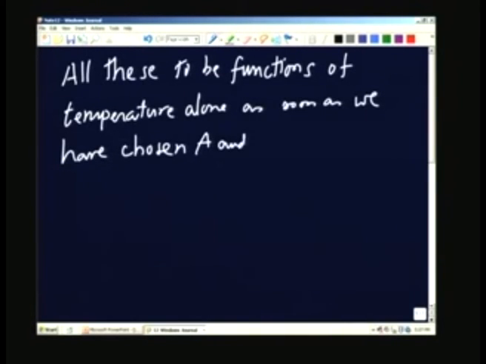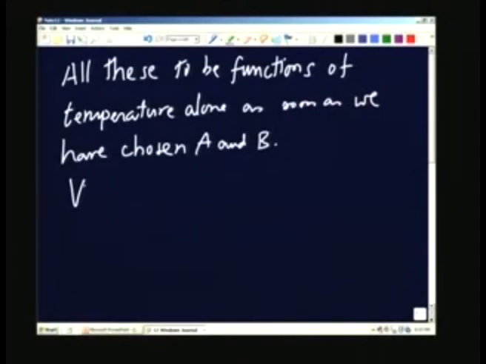It looks like it is a very simple and straightforward statement, but it is very important, because once you have two materials A and B, then there is a unique relationship between these coefficients and the temperature.